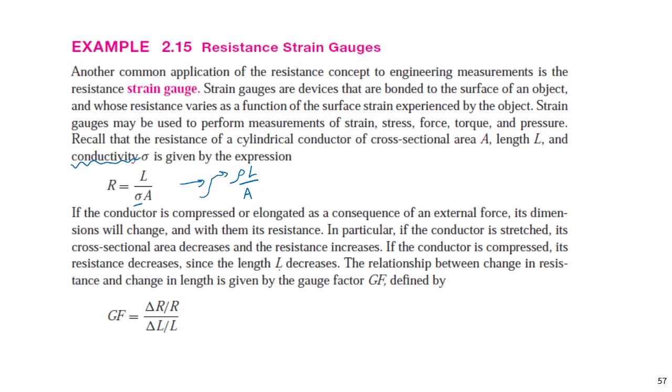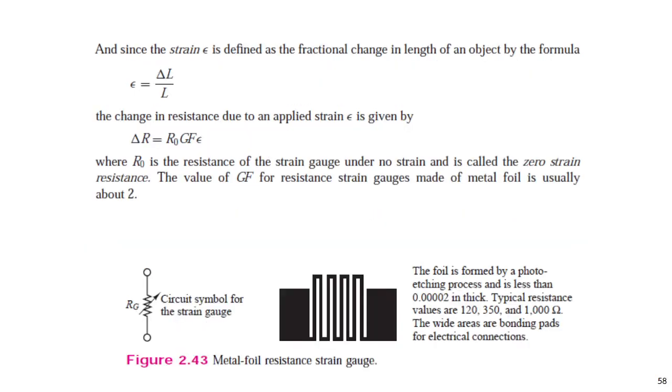Then we can define the gauge factor, or GF. GF is the change of resistance due to the change of length: delta R by R divided by delta L by L, we call the gauge factor.